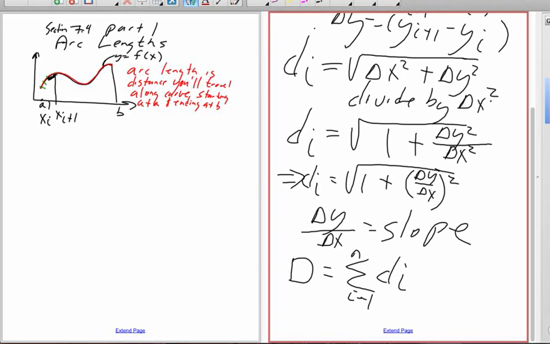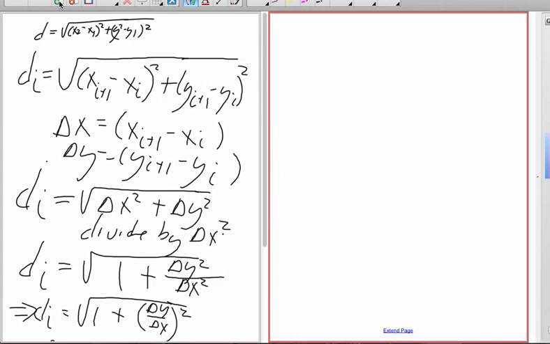Okay, now I talked about the fact that to get this better, we want my delta x to get very, very small. So what we're going to do then is take the limit as delta x goes to 0 of my d sub i.